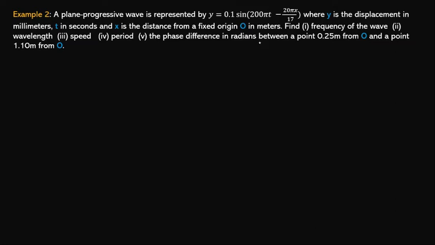We have to calculate the frequency of the wave, the wavelength, the speed, the period, then the phase difference in radians between the point 0.25 meters from O and the point 1.10 meters from O. So let's have a look at the solution.